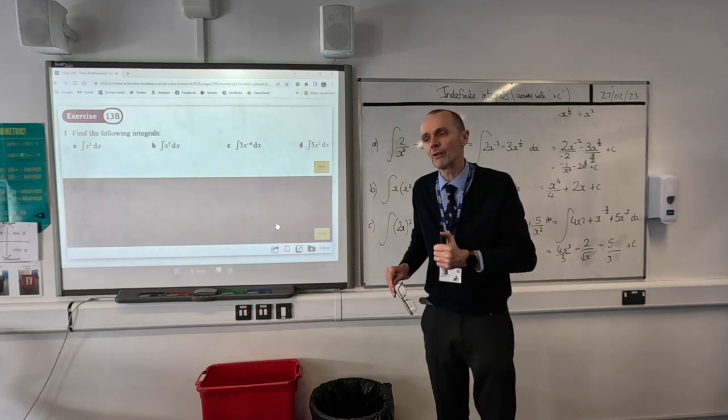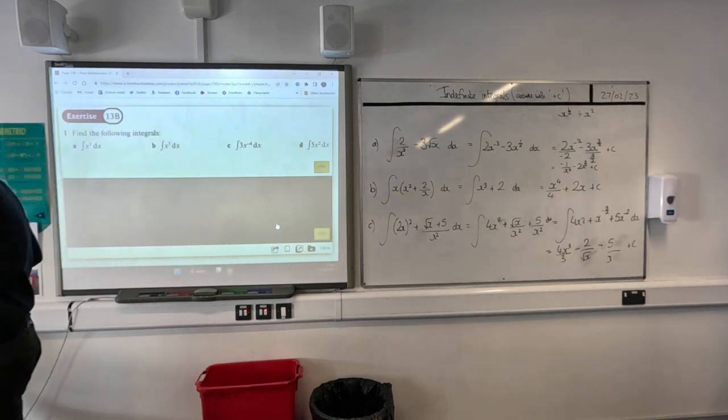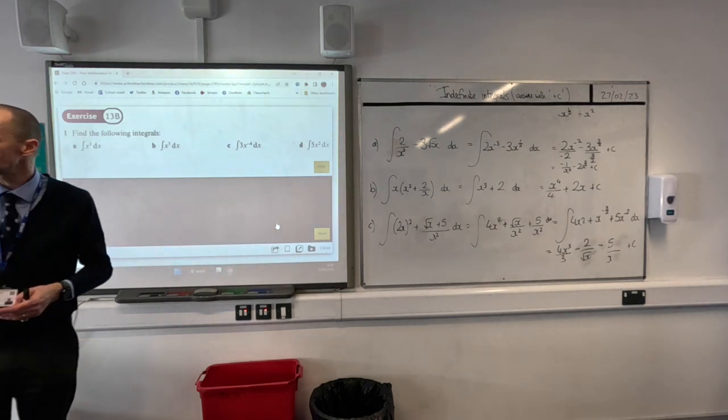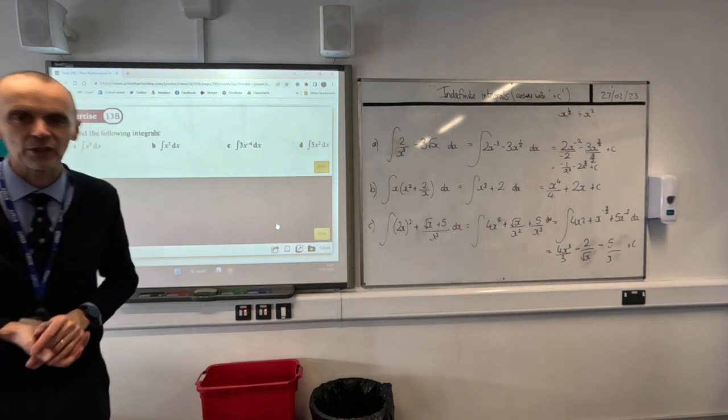And I'm just going to encourage you to spend, how long have we got? 15 minutes working at your own pace. Maybe question 1 and question 2 will be as far as you get. Maybe you'll jump over the page and try some of the harder ones. But just practicing this basic nuts and bolts integration. Exercise 13b for those at home. And yeah, have a go.